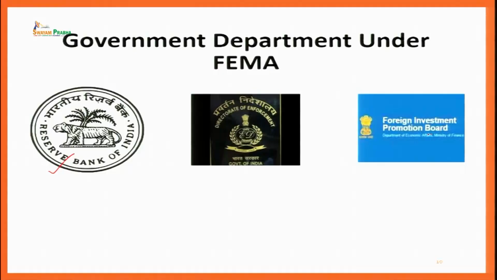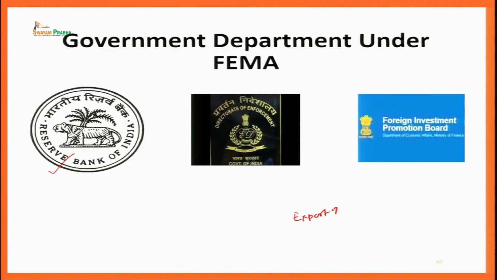And the Foreign Investment Promotion Board is actually part of the economic affairs of the country, comes under the Ministry of Finance, and their job is to make the country more attractive for foreign investors to invest here, so that our exports start increasing over imports, because our ultimate purpose nowadays is Make in India. Everything should be made in India.